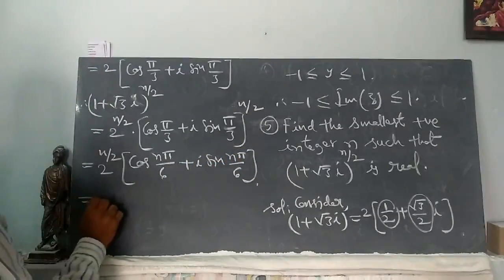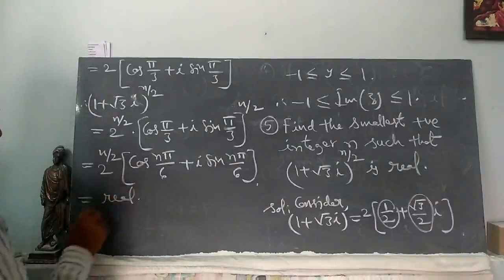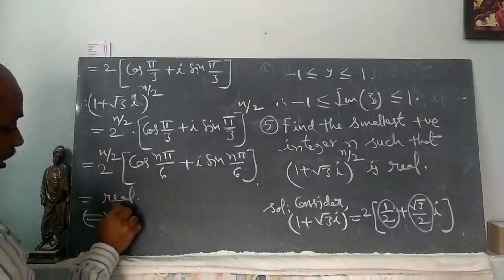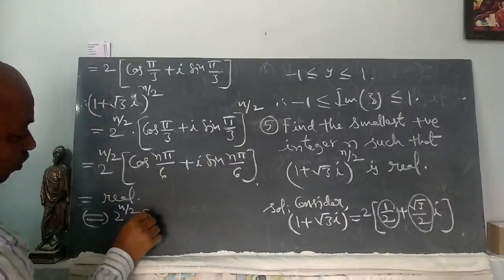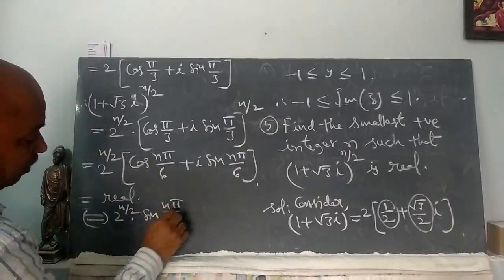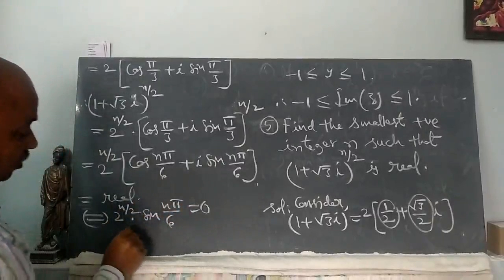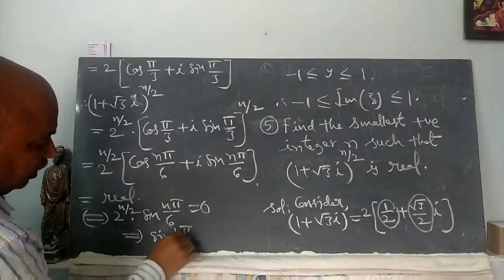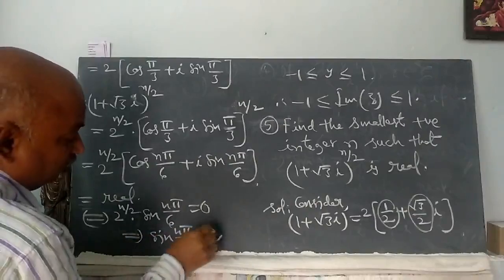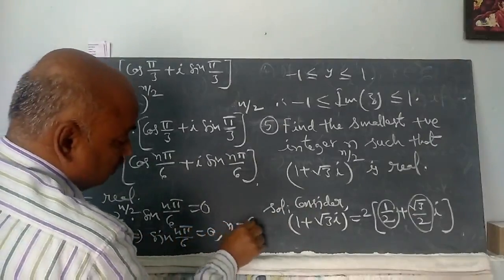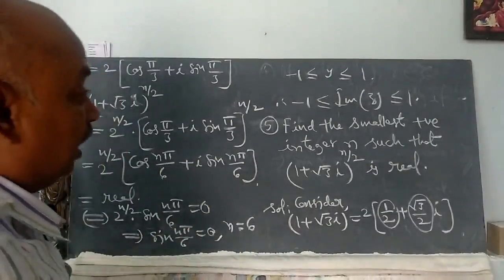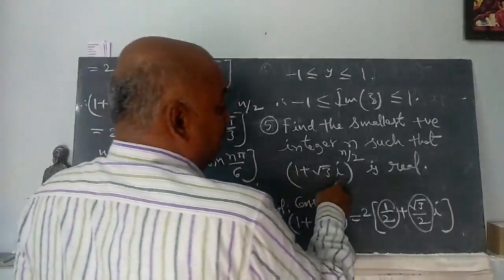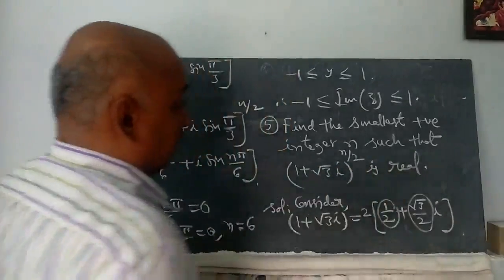So this is real, implies the imaginary part is equal to 0. So 2 to the power of n by 2 into sine n pi by 6 is equal to 0. This implies sine n pi by 6 is equal to 0. Therefore, n is equal to 6 is the smallest positive integer n such that (1 plus root 3 i) whole to the power of n by 2 is real.